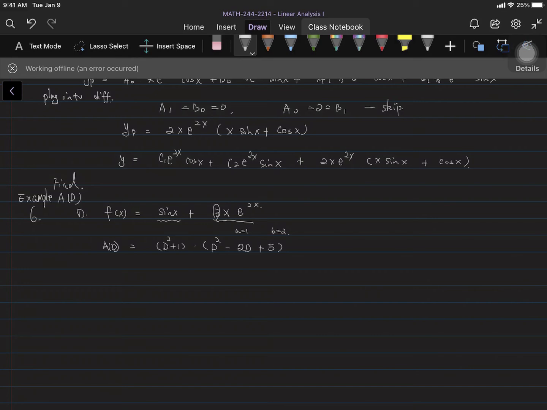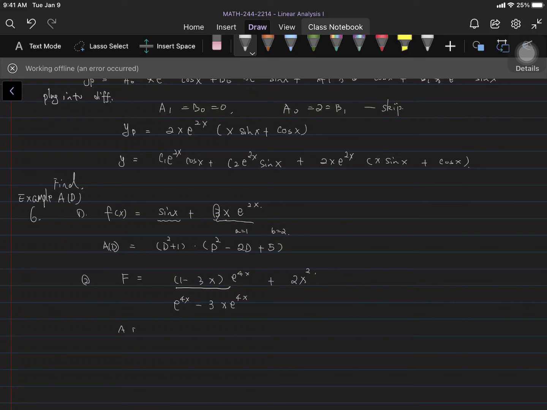Now let's take a look at the second one. If f equals 1 minus 3x e to the 4x plus 2x squared. For the first part, you can look at this as e to the 4x minus 3x e to the 4x.